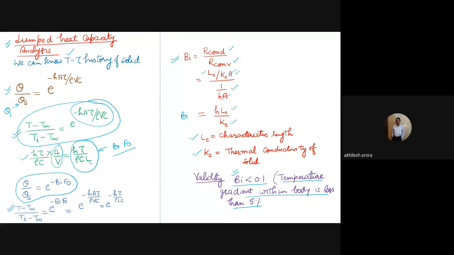But that temperature variation within the solid body will be less than 5%. And if it is less than 5%, or the Biot number is less than 0.1, then we can consider this body a lumped body, and then we can apply lumped heat capacity analysis.